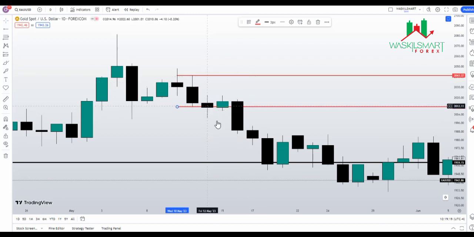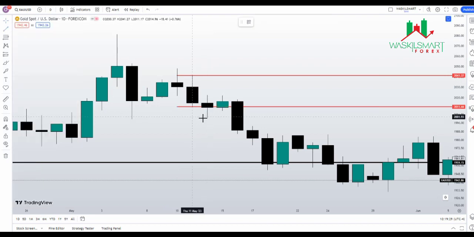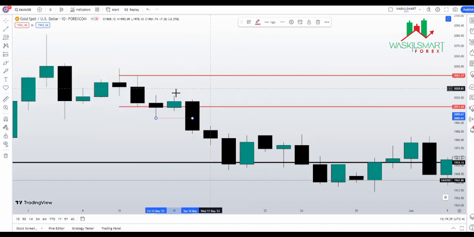So we are still outside the range. So where will I be looking for liquidity? I'll be looking for liquidity below this candlestick. That will be my target for liquidity, below that candlestick low.